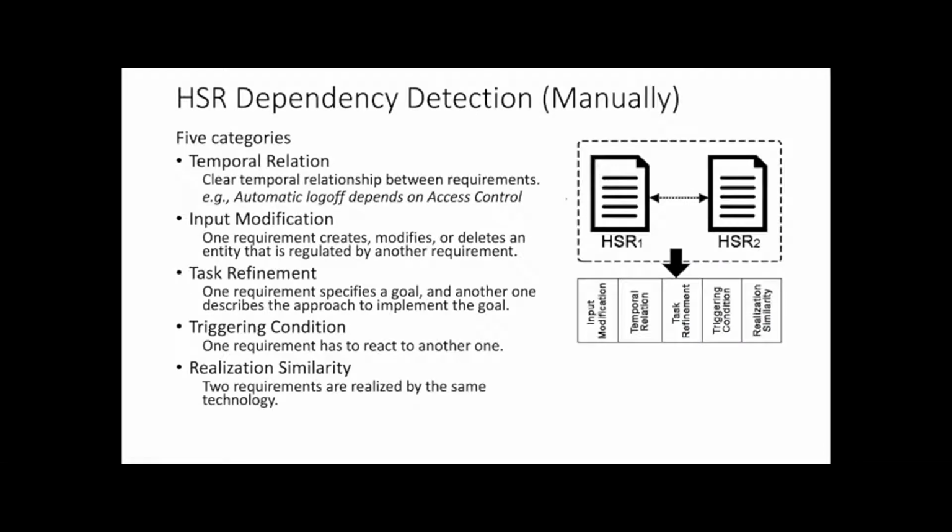And we want to point out that we manually detect the high-level security requirements dependency because the size of it is relatively small. We can handle it manually, and according to our experience, we provide five categories. We think all high-level security requirements dependencies can be classified into those five categories.